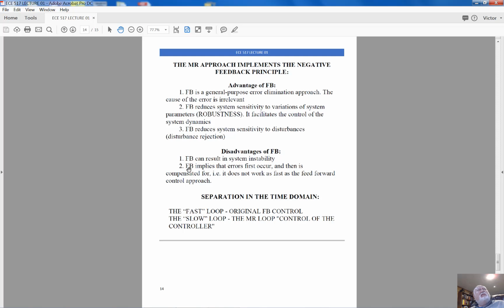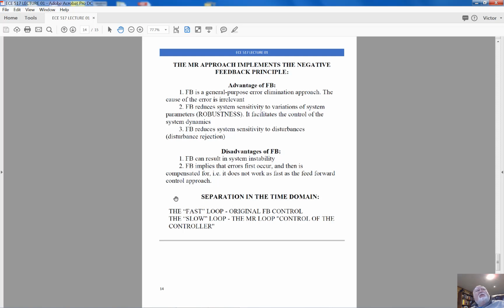It must happen. It must be detected, and then it will be eliminated. So the response of the system with negative feedback is a little bit slow, or could be too slow for some applications.